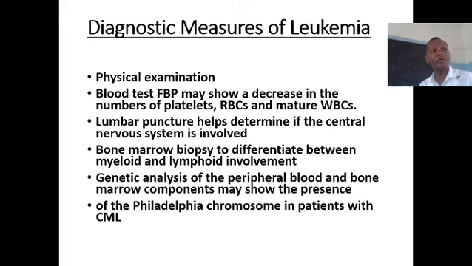Also, we can perform genetic analysis of the peripheral blood and the bone marrow components, which might show the presence of the Philadelphia chromosome in patients with CML.